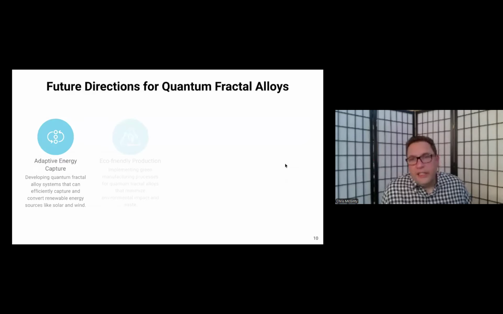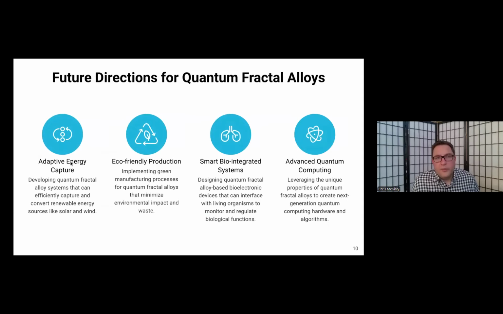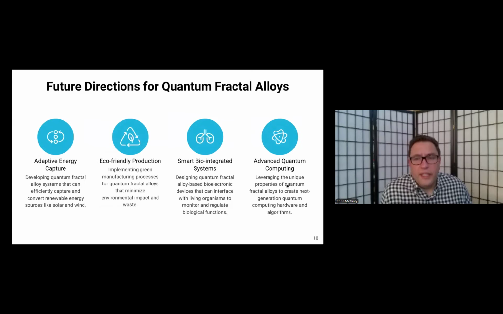So these are some of the areas that we look at: adaptive energy capture, eco-friendly production. These things have got to minimize environmental impact and waste. And then we're leveraging advanced quantum computing and AI to create algorithms that are helping us figure out how to actually create and fabricate a lot of these.